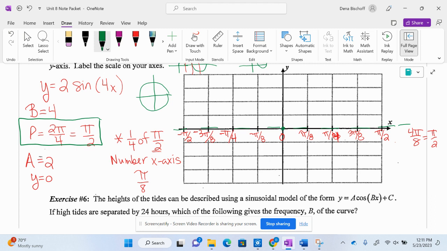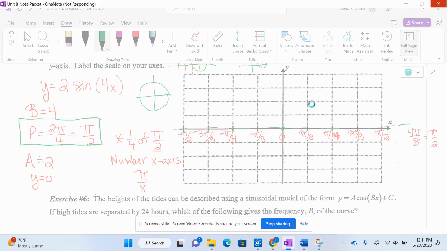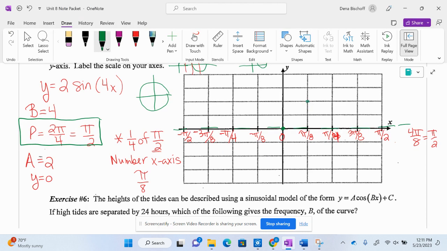Remember, with sine we go up and then we come back down. I feel like we should be able to do these in our sleep. So how high up does this go? This has an amplitude of 2. So the first quarter, I'm going to go all the way up to 2. So pi over 8 is going to give me an output of 2.